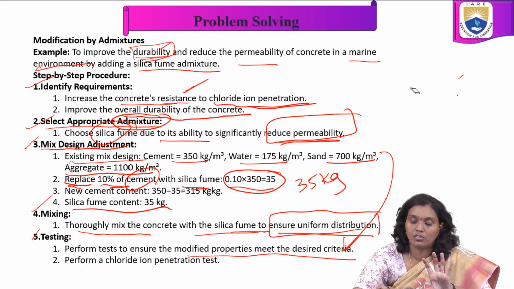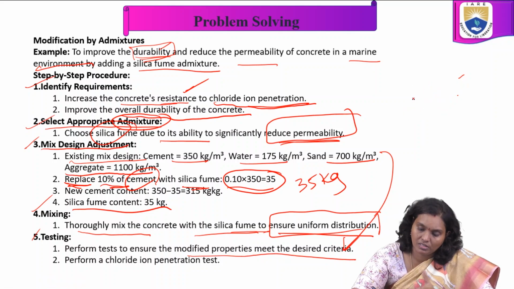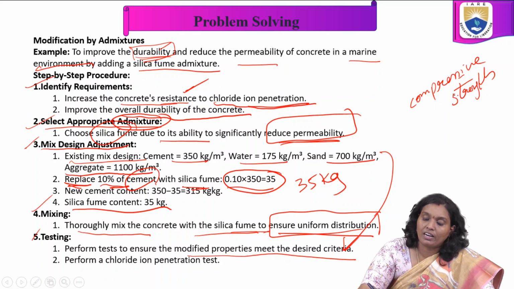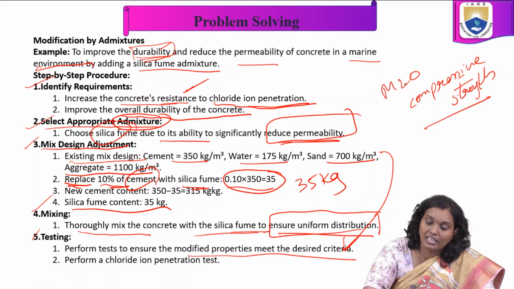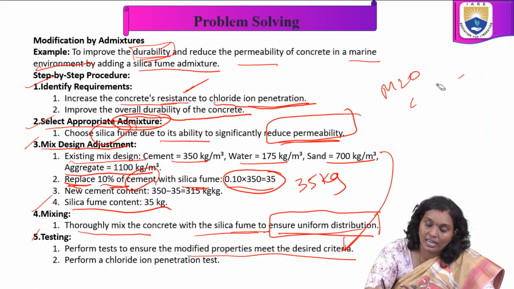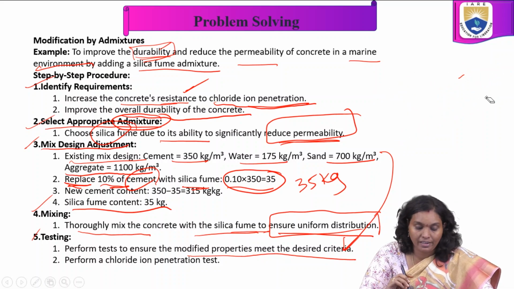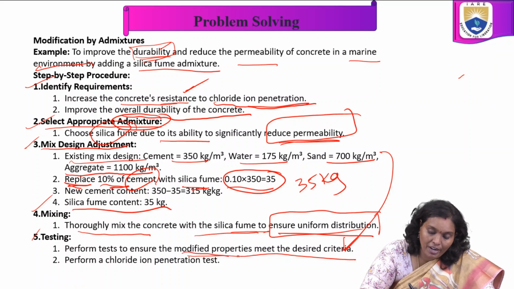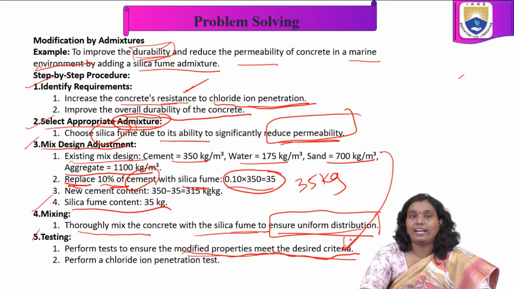Generally it depends on compressive strength, whether it is M20 grade or M30 grade. We choose according to the desired criteria. So perform tests to ensure the modified properties meet the desired criteria.